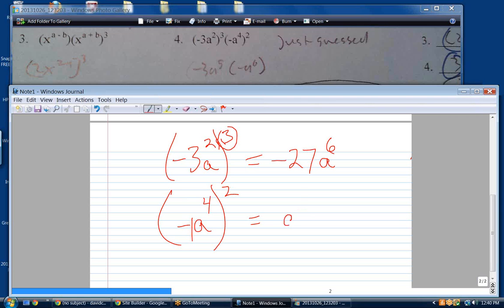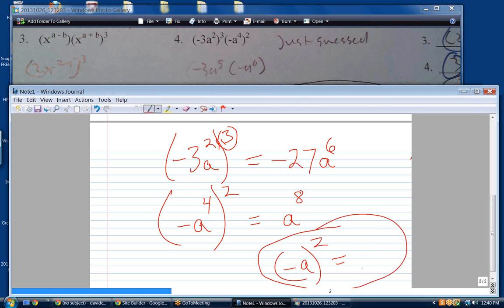Okay, so this becomes just a to the 8th. Same thing as if I said, what is minus a squared? What is this equal to?